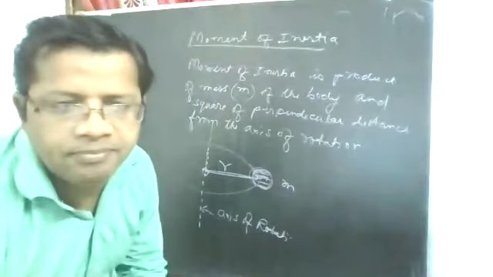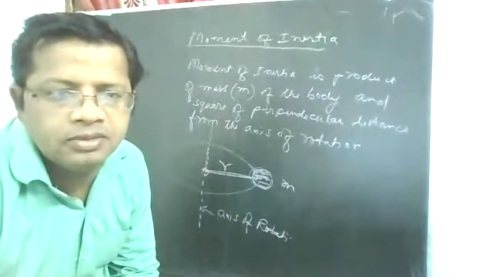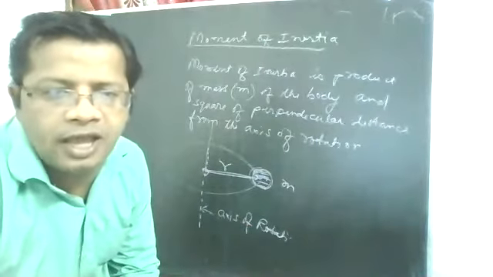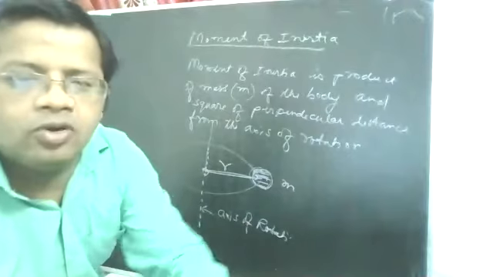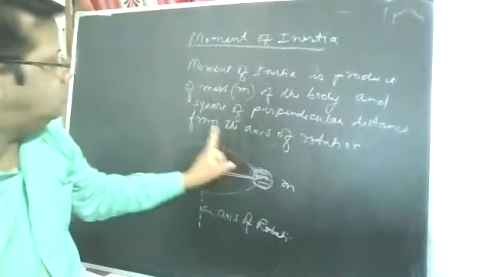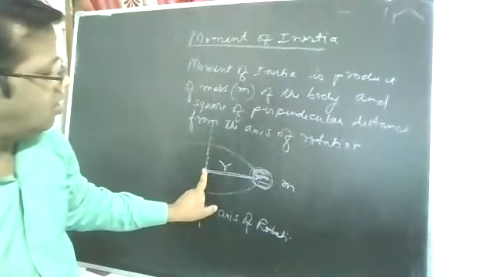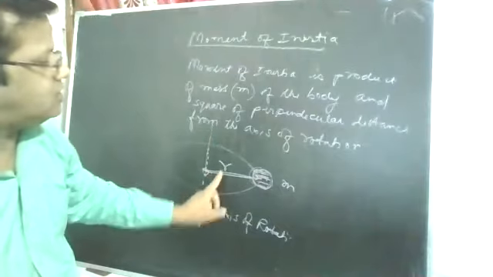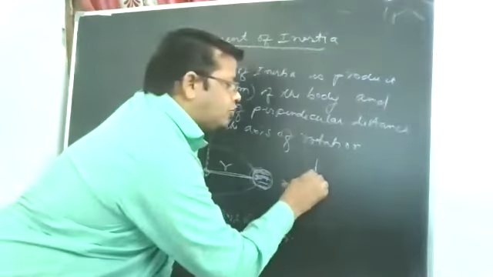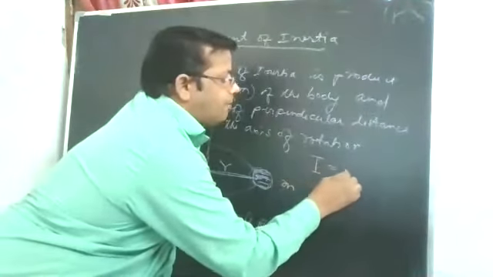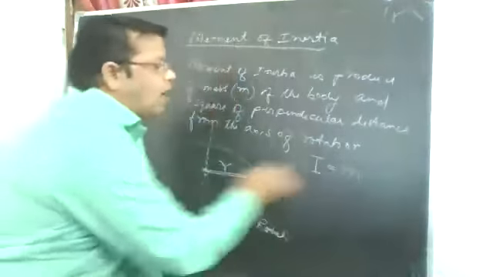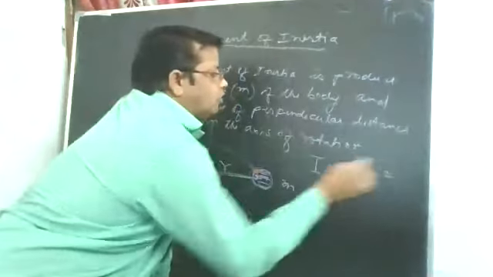This mass m is rotating around this axis. And what is this perpendicular distance? r. So the moment of inertia of this body is the product of the mass of the body and the square of the perpendicular distance.